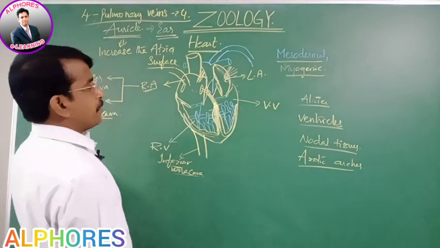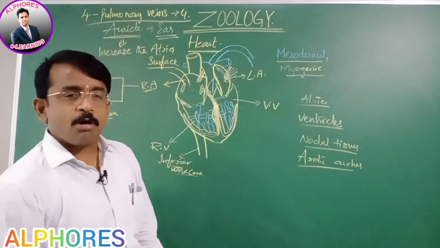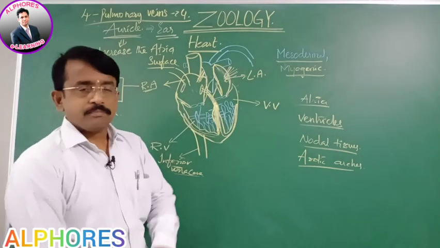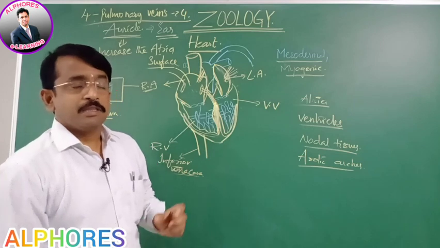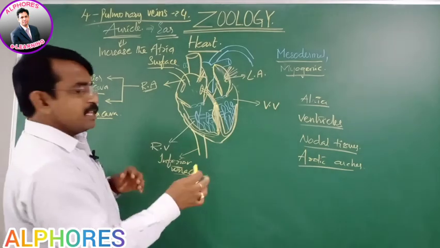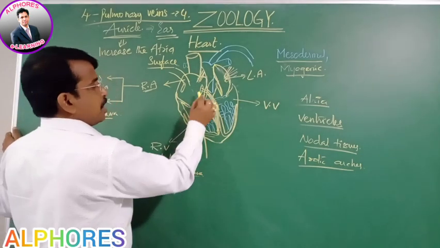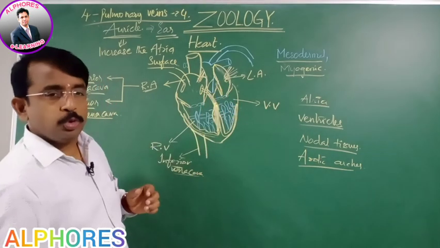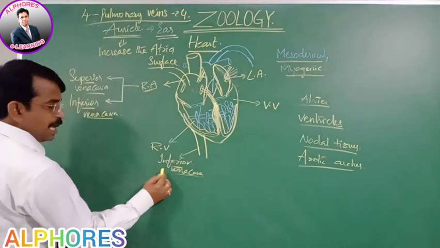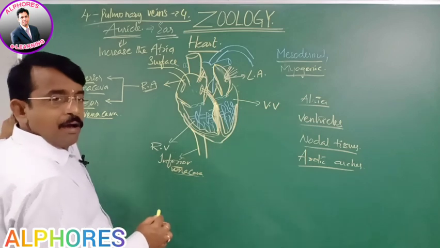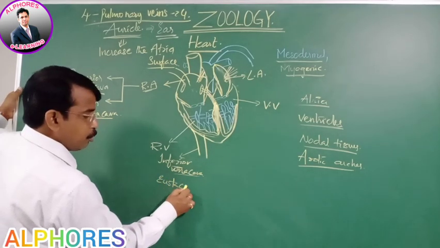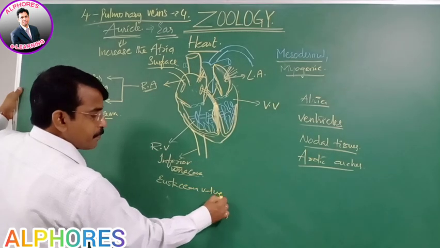The two atria are separated by means of the interatrial septum, which has an opening named the foramen ovale. This foramen ovale sends the blood brought by the postcaval vein into the left atrium, and this is guarded by an inferior vena cava valve, or else named the Eustachian valve.